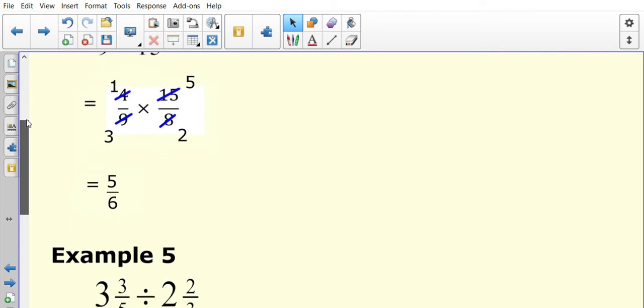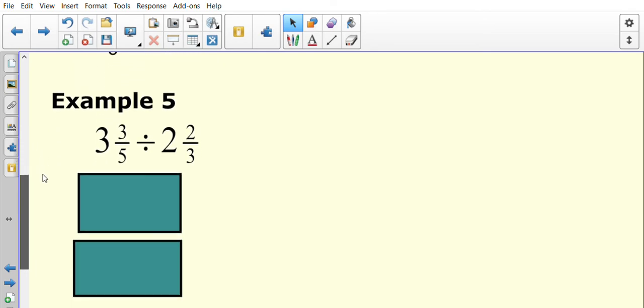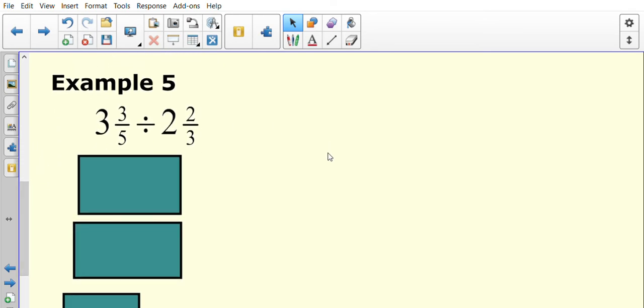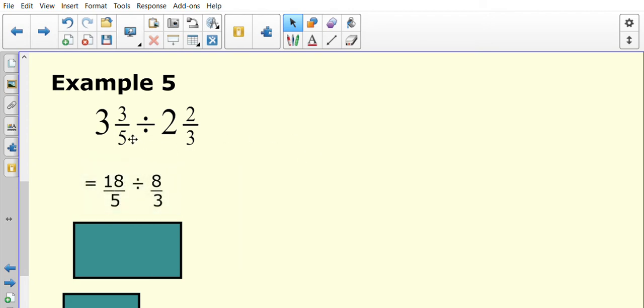Example number 5. This time I have two mixed numbers. Now, just like in multiplication, please do not attempt to either multiply or divide unless you've changed them both to top-heavy fractions, so improper fractions. So 3 times 5, remember, is 15. 15 plus 3 is 18, so giving me 18 over 5.